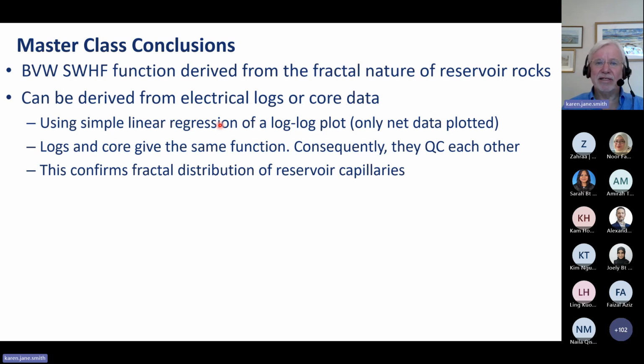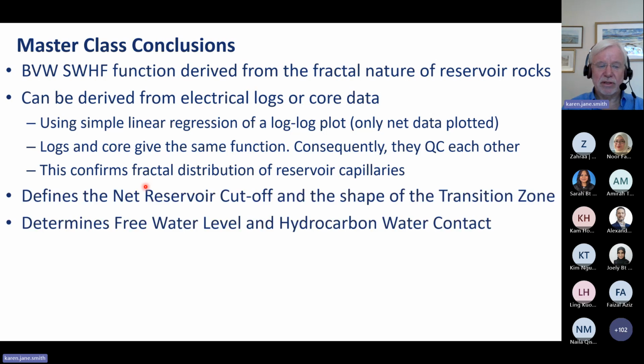They should give you the very same result. If they don't, you need to look at your data again. Because it's the same on the same scale between a core plug and the reservoir, this confirms a fractal distribution of the capillary pressures. The function defines the net cutoff and the shape of the transition zone.